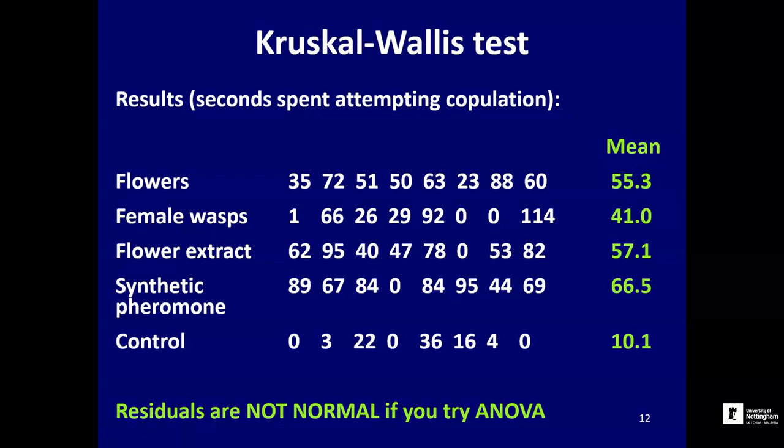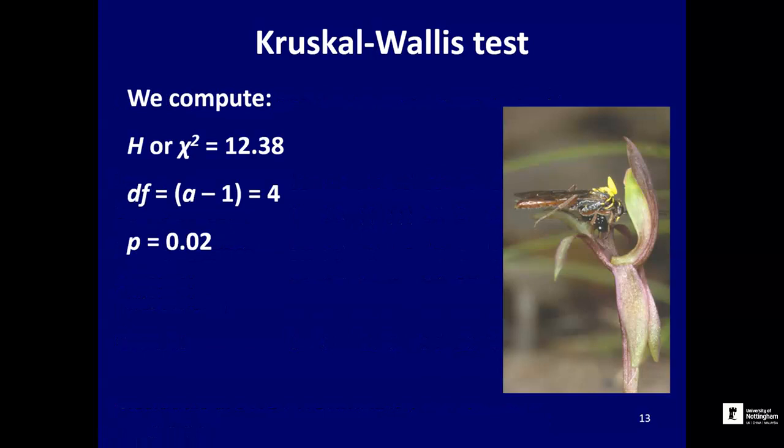So if we were to do the analysis of variance, a one-way analysis of variance, and extract the residuals from that analysis, in other words, all of the bits of leftover variation in male copulation time which are not explained by membership of one of these 5 treatments, we'd find that they're not following a nice bell curve. Instead, they're rather wonky, with these zeros in particular causing the distribution to look funny. So if the Shapiro-Wilk test tells you that the data are not normal, you've got to do something else.